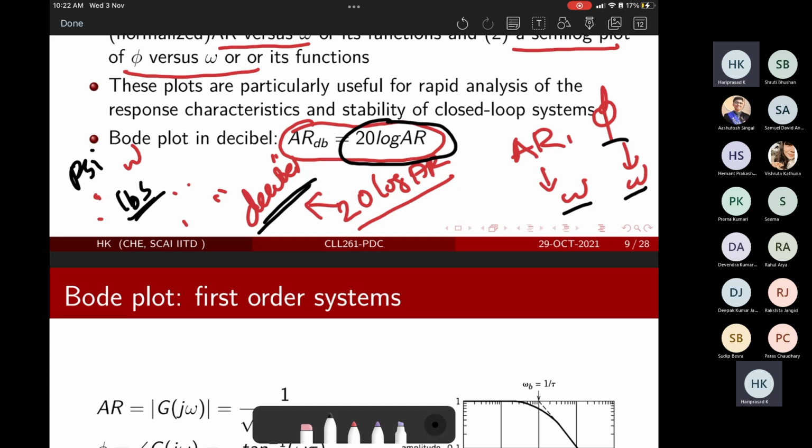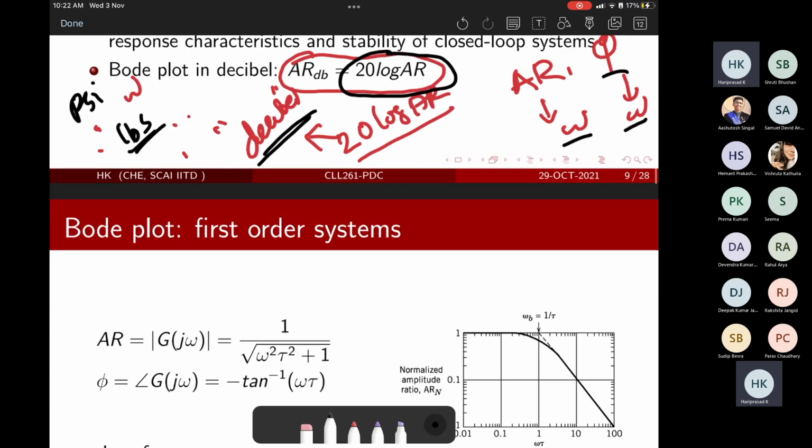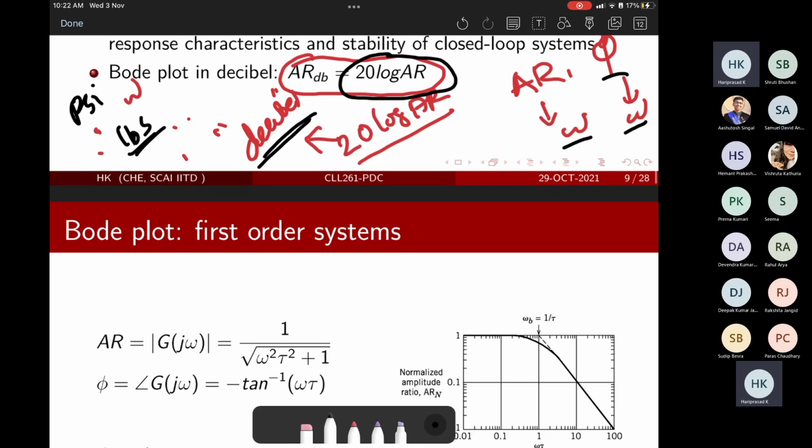But still the common man uses this practice, so it is this much PSI, which is definitely not the standard. Similarly, for people who traditionally work in this domain, one of the standard units that people use is the decibel. So sometimes people represent the amplitude ratio in terms of decibel, with the conversion factor 20 log AR.